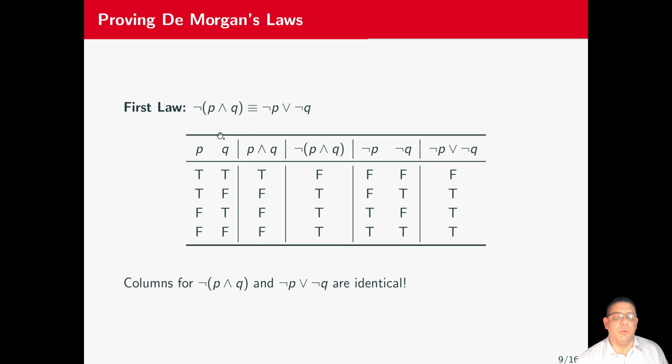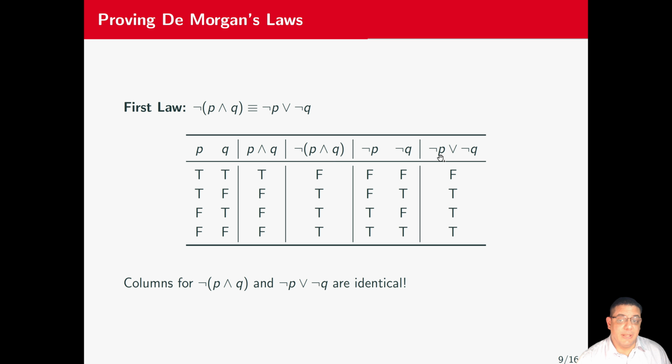Now, we can prove this by logical equivalences. Notice here we're going to build by P, true and true, false and false. Then Q becomes true, false. P and Q, then we know that is false unless they're both true. And so we get this statement. Now we do the negation of this. And so it becomes false, true, true, true. And now we also do negation of P and negation of Q, which is just flipping the values of these ones here.